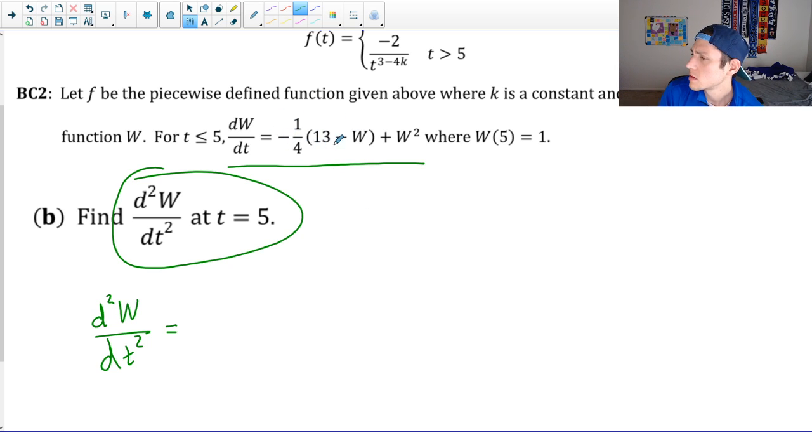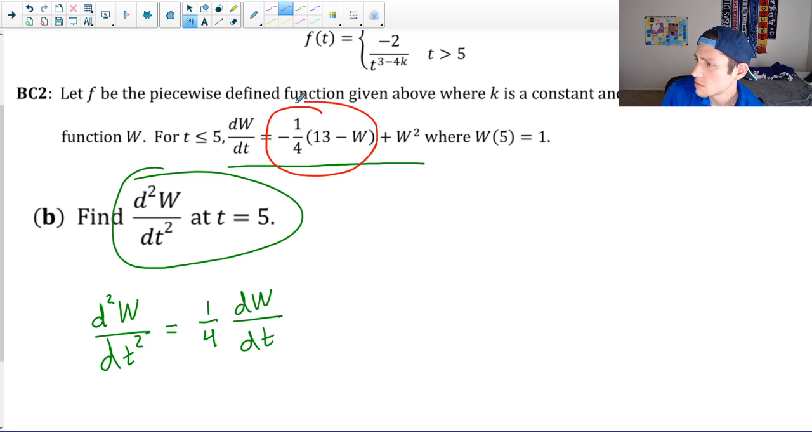-1/4 times 13 minus w. Okay, so this would give me 1/4 dw dt. Okay, because if you need to, think about what's happening here. If you want to think about it distributed, so that would be -13/4 plus 1/4 w.